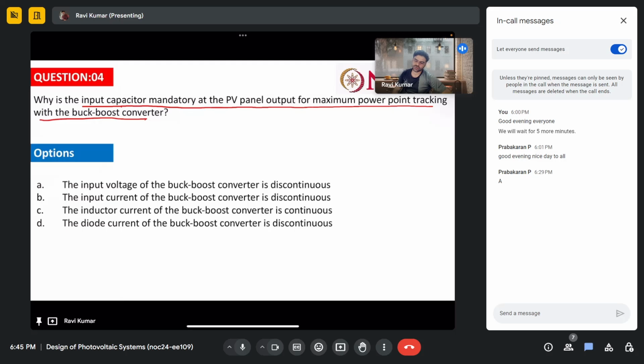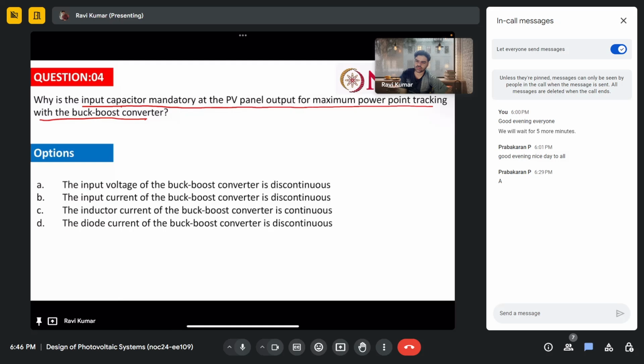What can be the options? Like what can be the reason? What does a capacitor do?